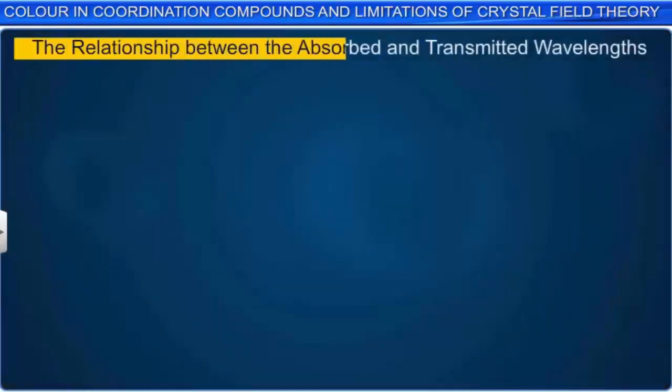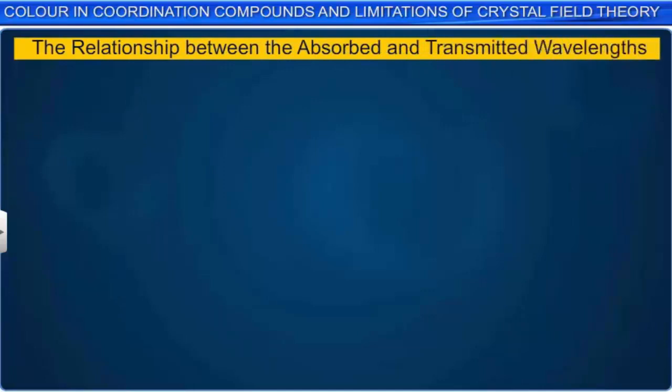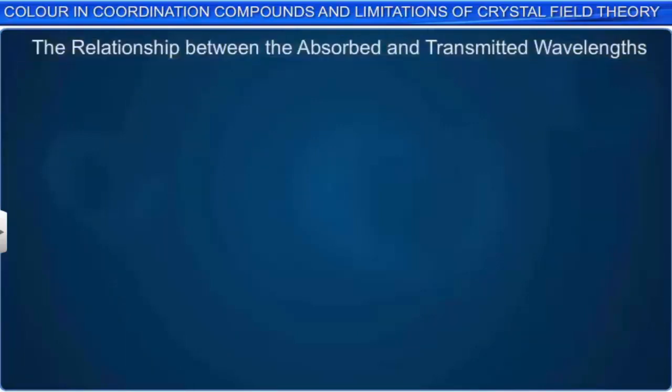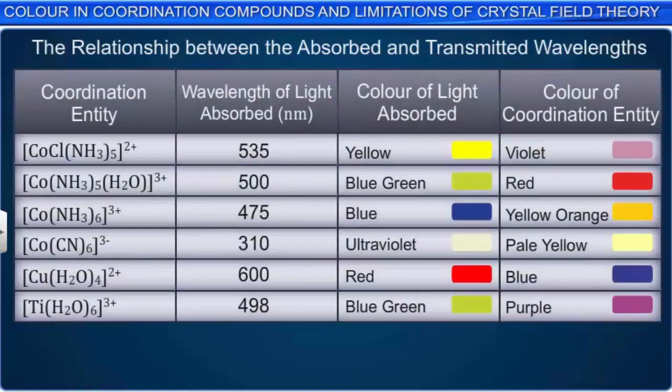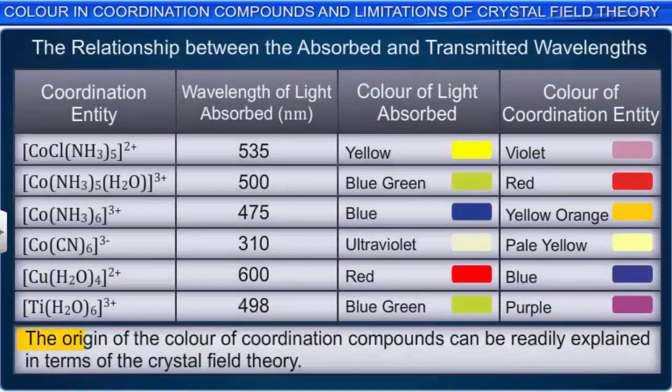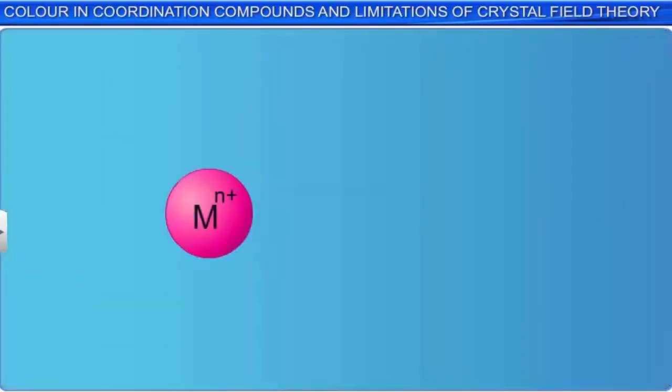The origin of the color of coordination compounds can be readily explained in terms of the crystal field theory. As you have studied in the previous module, when a ligand approaches the metal ion containing unpaired electrons, the 5 degenerate d orbitals separate into two distinct energy levels, namely t2g and eg.